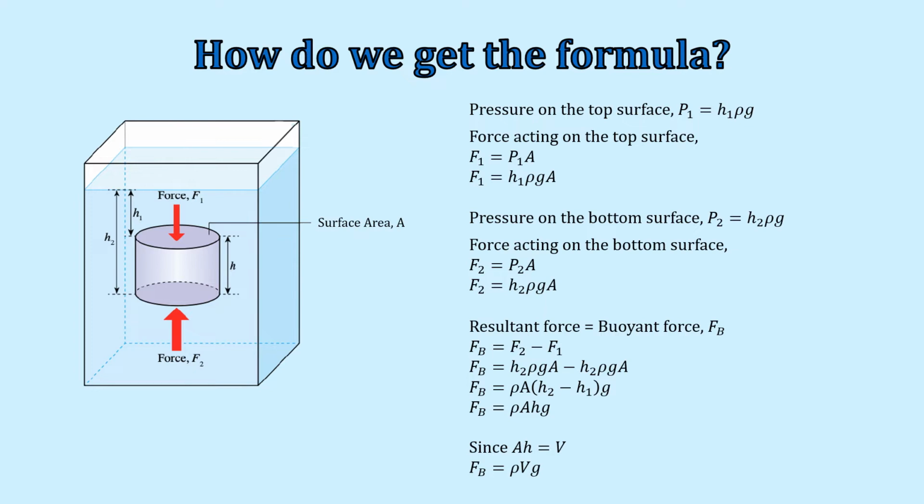We insert the equations and simplify until we get the buoyant force equal to rho A h g. In this case, the shape of the object is a cylinder. Since the volume of a cylinder is V equal to A h, we can insert it so that the buoyant force is equal to rho Vg.